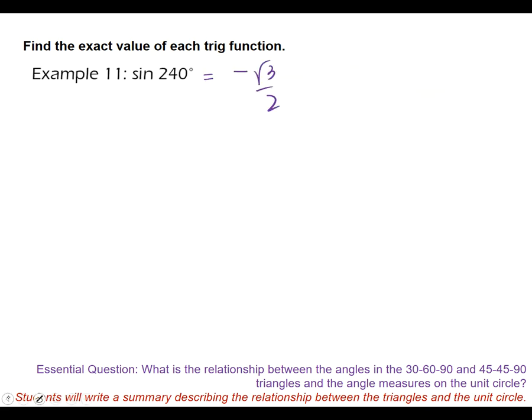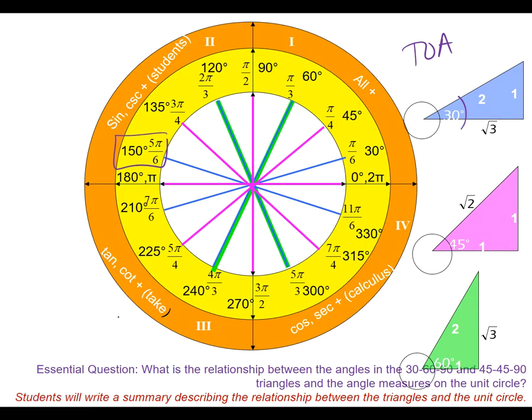What color is it? It's red or pink. Okay, so I'm going to use my 45-degree reference triangle. And we're doing the cotangent. Cotangent is CAO, right? So what's your adjacent leg? 1. What's your opposite leg? 1.